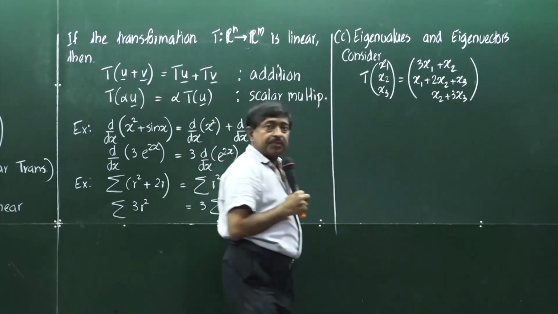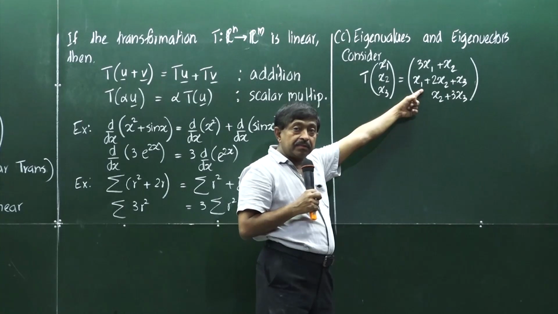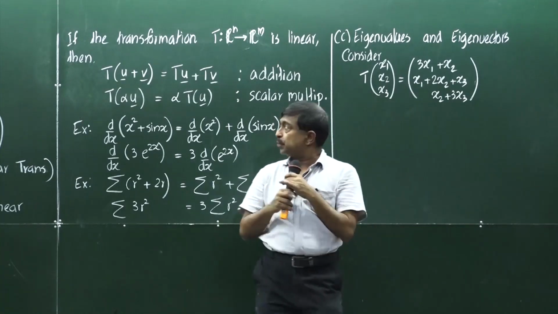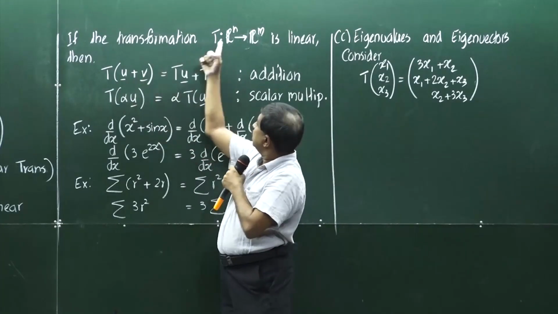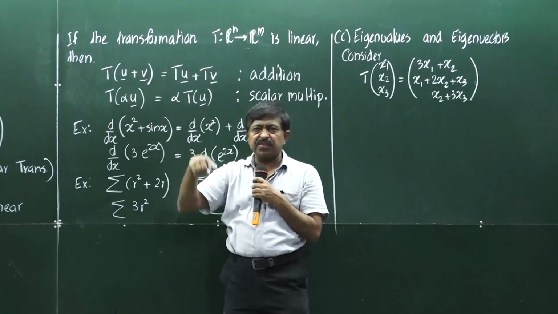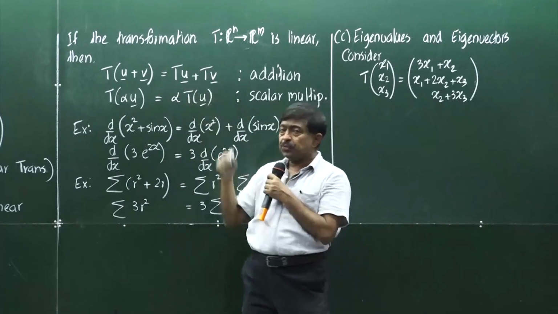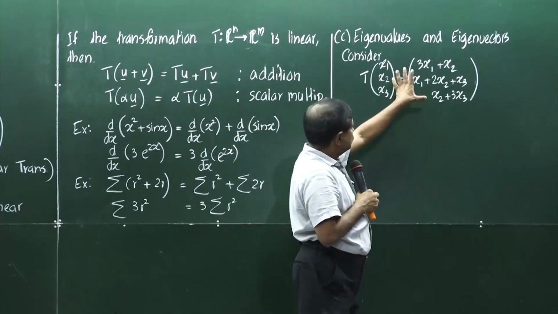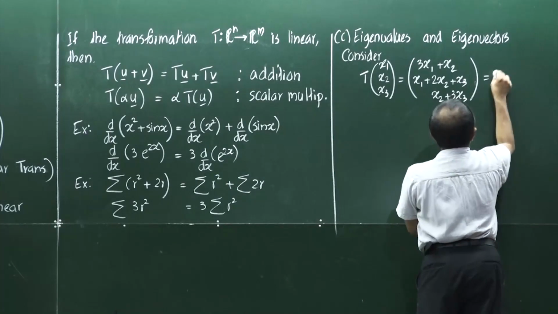Now, how do you write this? Okay, it's linear. Just by looking at this, you can say that it's linear. If you want, you can prove these two, but it's not necessary. And here, you have to say that U and V are from Rn, and alpha is a real constant and stuff like that. I didn't write that. You know that you need to specify those two. Now, it's linear, right? Because of that, you can write it like this.